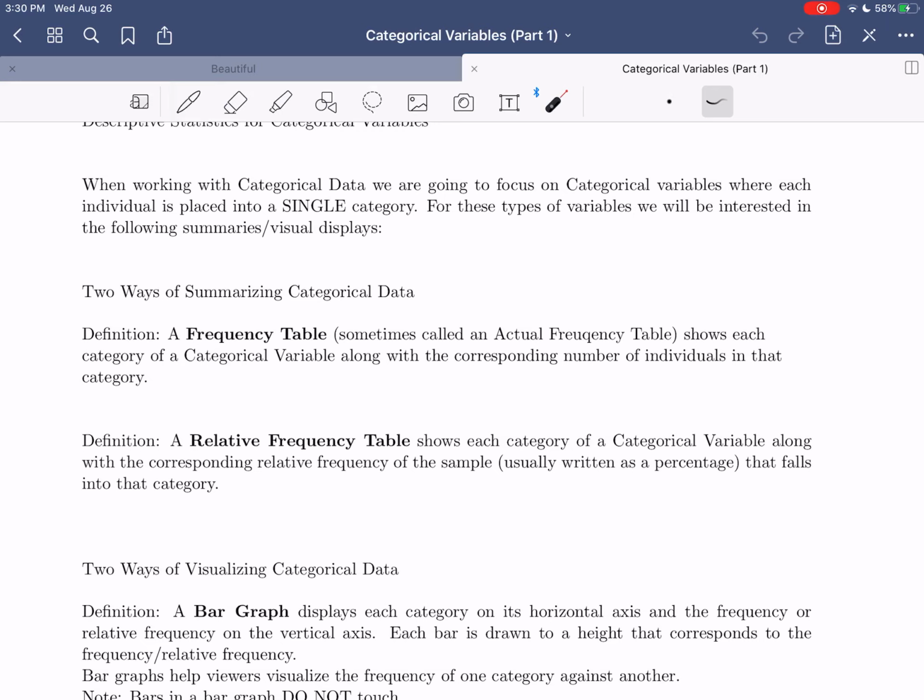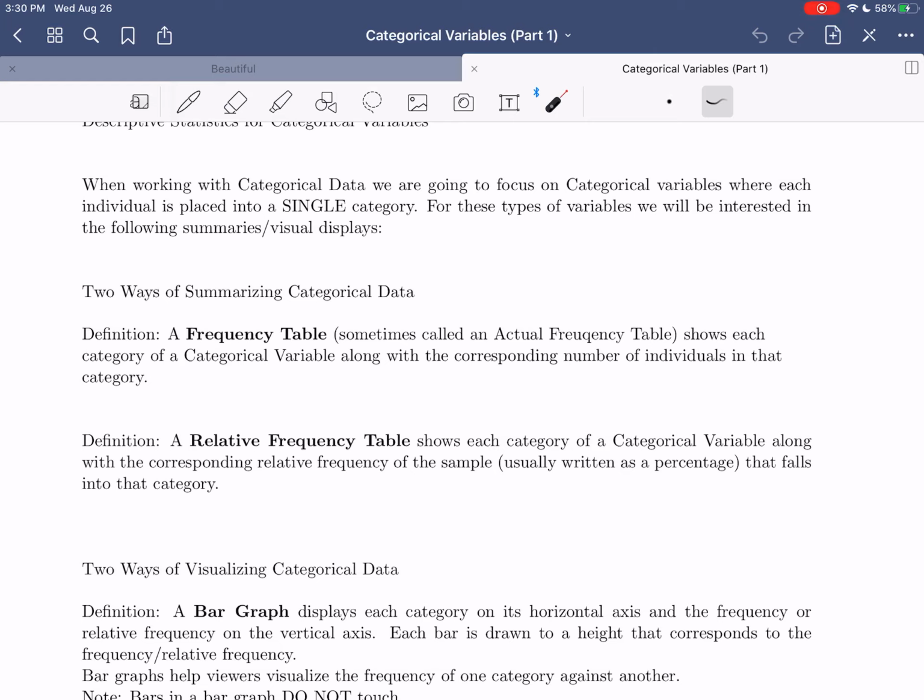The second way that we're going to talk about organizing or summarizing categorical data is what's called a relative frequency table. Relative frequency tables show, again, each category of a categorical variable along with the corresponding relative frequency. What is a relative frequency? Well, it's basically saying what was the relative frequency of the overall sample that landed in that category. Usually when we go to write relative frequencies, we write them as a percentage.